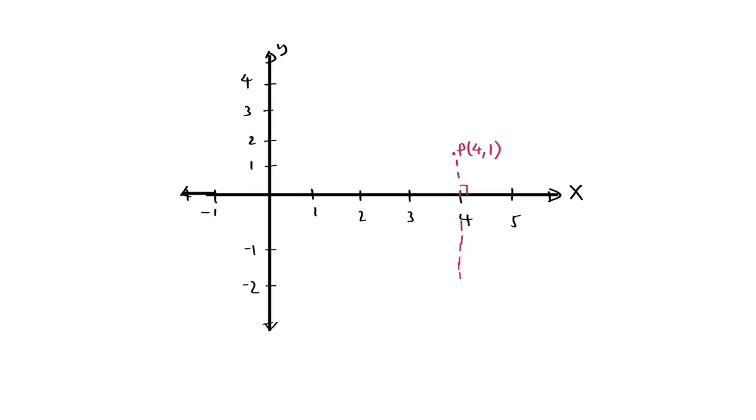Then we are going to measure the distance from point P to the x-axis. Using the measured distance, we locate the image of the point P. Therefore, the image P' is (4, negative 1).